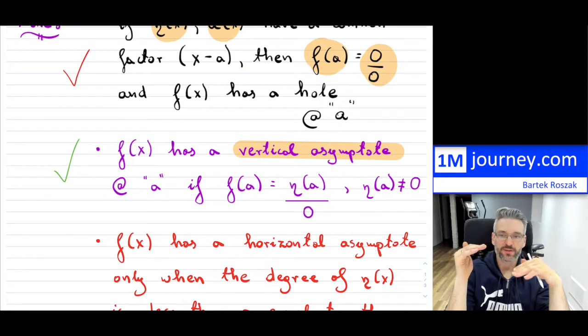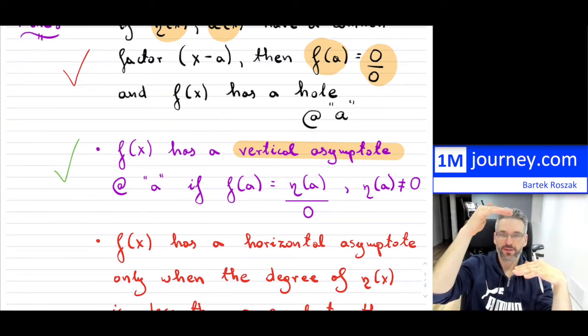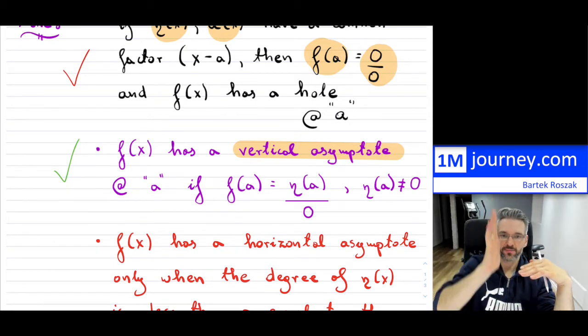So really what that means is that your denominator has a 0 at a. And if it has a 0 at a, we know that that function is undefined there. But moreover, if your numerator, your polynomial on top, is non-zero, so it is defined for a, then it creates this vertical asymptote.